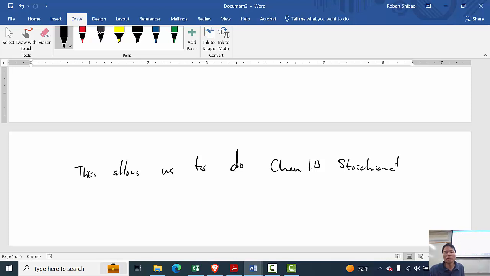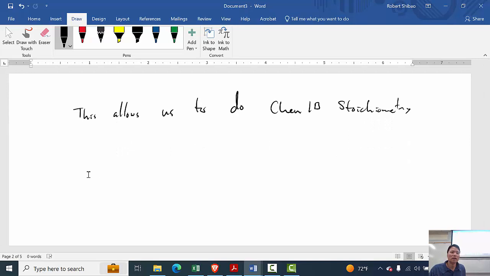In Chem 1B stoichiometry, we ask ourselves something like this. An example would be if we take acetic acid and allow that to hydrolyze in water. When that happens, we're going to form hydronium and acetate. But we know that weak acids weakly hydrolyze.